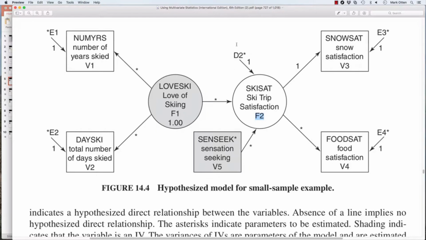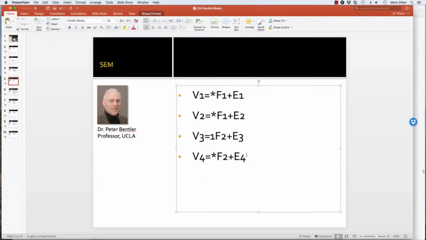And then the error out here on the end is going to be a D2 instead of an E. The D instead of an E is just notation for an error term that's associated with a factor, or a latent variable, as opposed to a measured variable. So that's just notation. Let me see if I can write that out. F2 is our DV now. It's being predicted by F1, that's a star there.